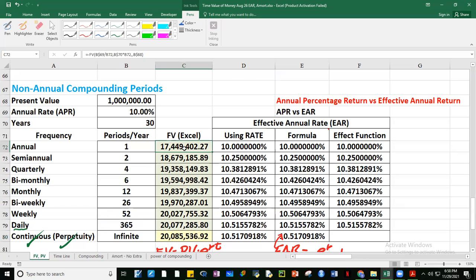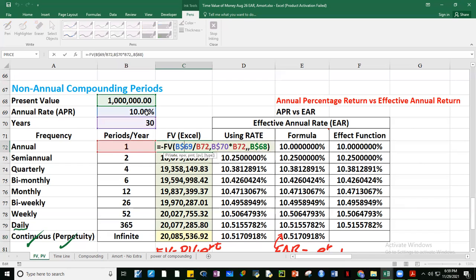So, let's see. Let's compute for the FV. Dito guys, we're using the FV function. Naglagay tayo ng negative para maging positive lang yung answer natin. So, this one is your rate. Ang rate natin guys is your APR divided by the periods per year.